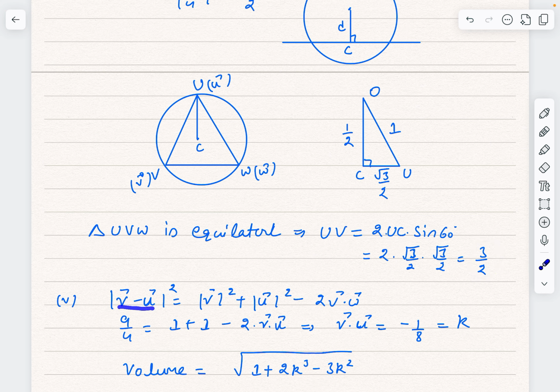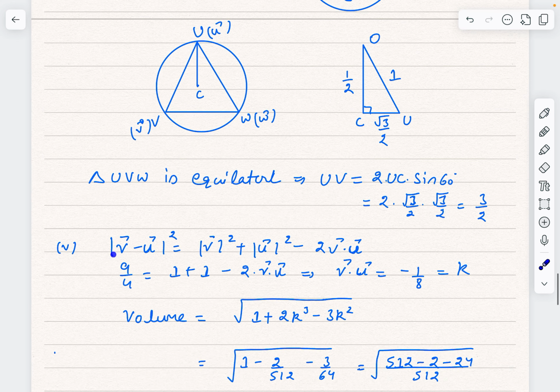And mod v minus u square is mod v square plus mod u square minus 2 v dot u. So 3 by 2 square becomes 9 over 4, equal to 1 plus 1 minus 2 v dot u. Here the v dot u value is minus 1 over 8, which is the value of k also.